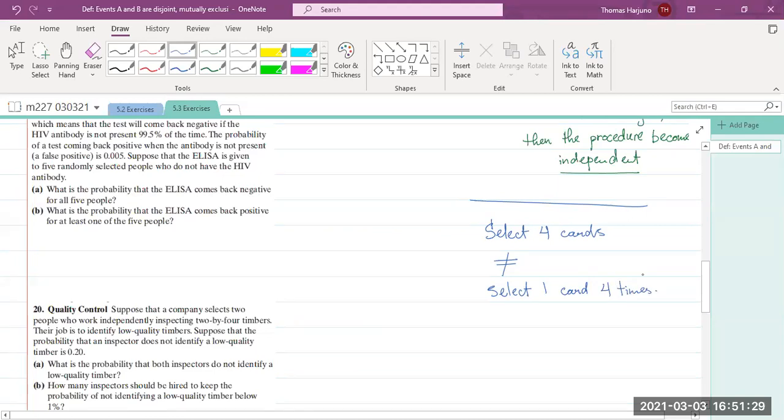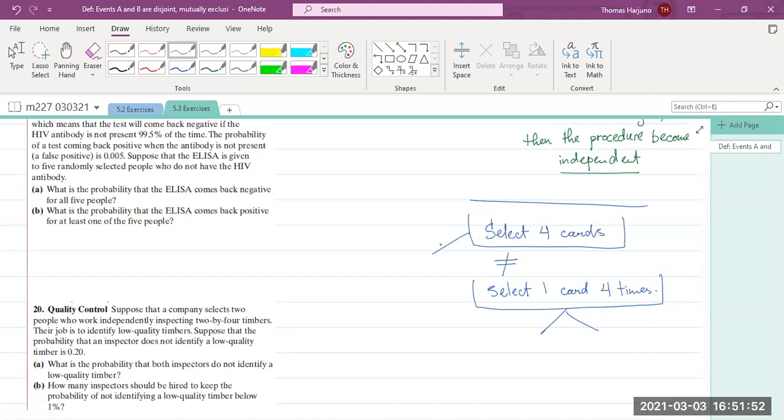With that second instruction we have an issue: is it with replacement or without replacement? After you select the first card, do you put it back? Because you select 1 card 4 times. Now, when we select 4 cards, I may just grab 4 cards right away at once. You see what I mean? Instead of selecting the cards one by one, I can just grab all 4 right away.